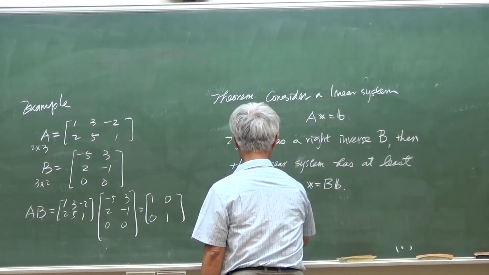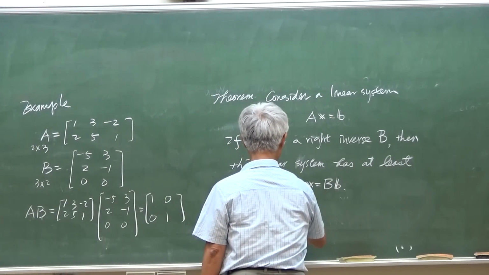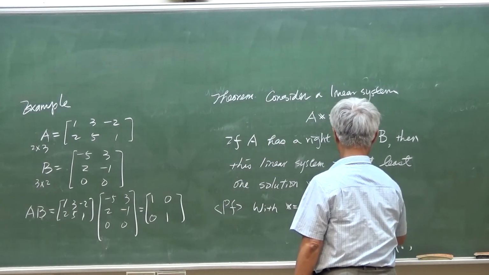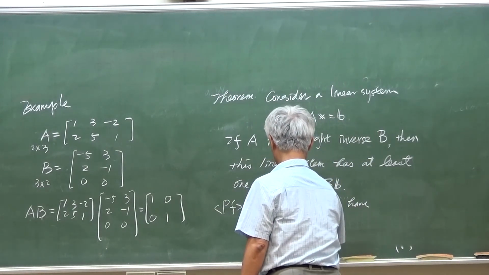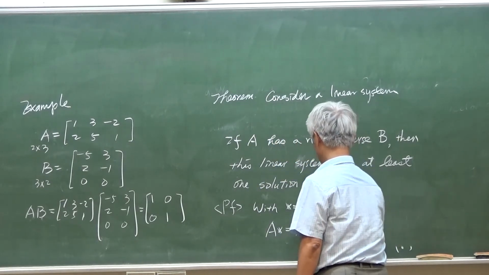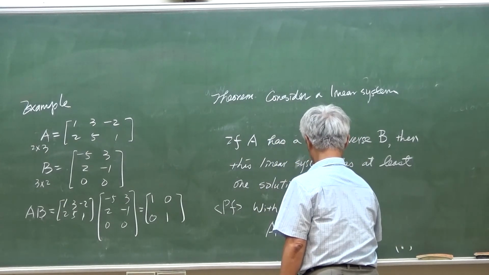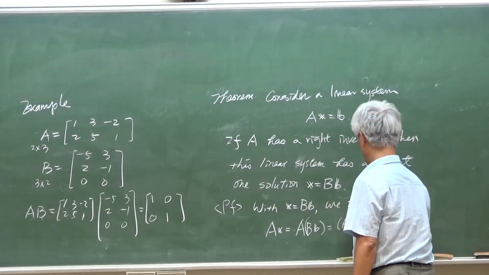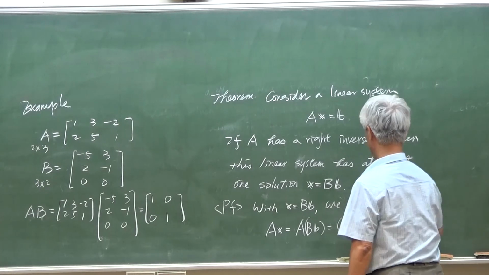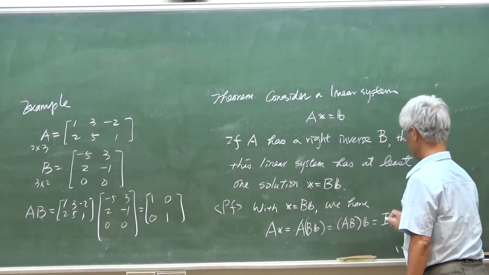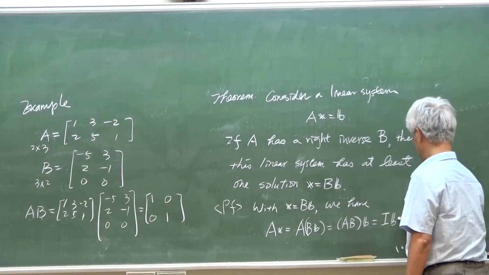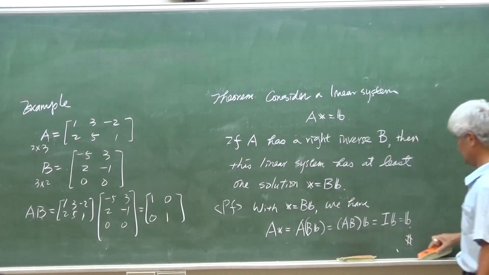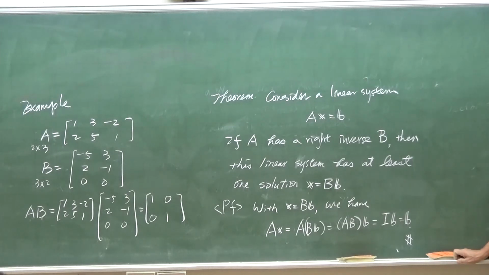Because A times B b, right, we have, equal to, and this uses associativity and the identity. Okay? So it's quite simple.